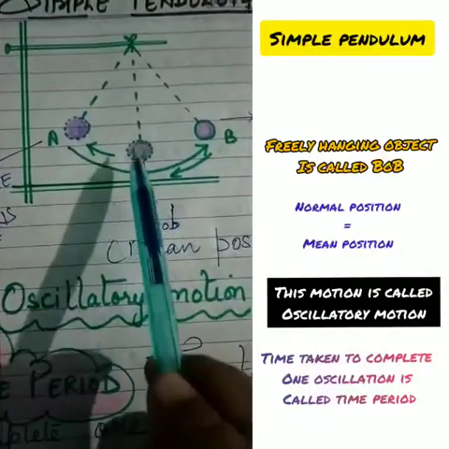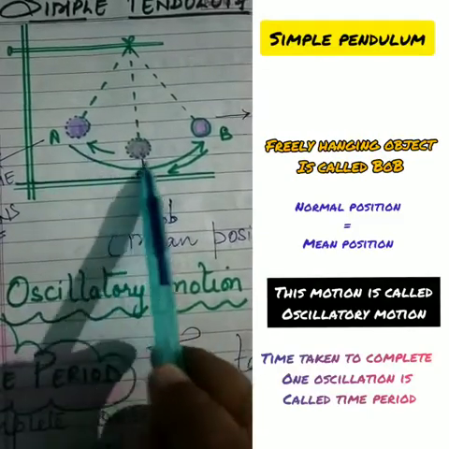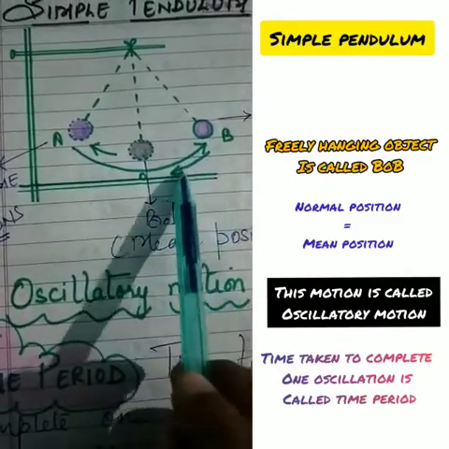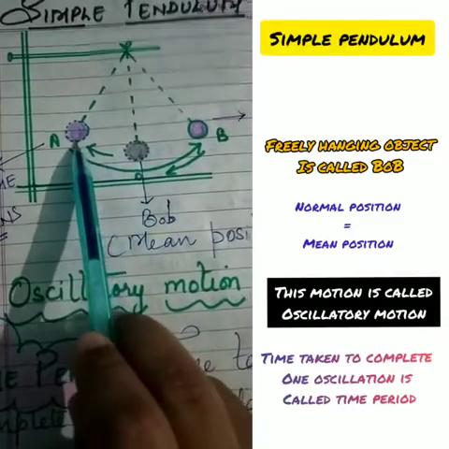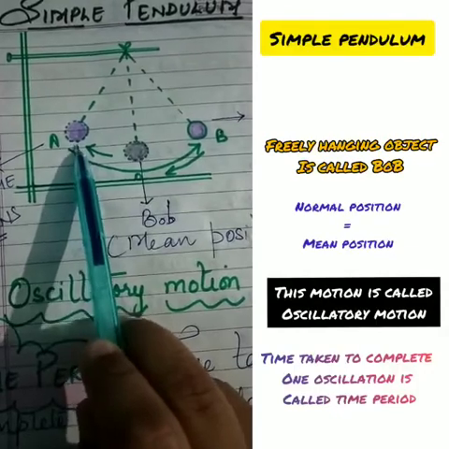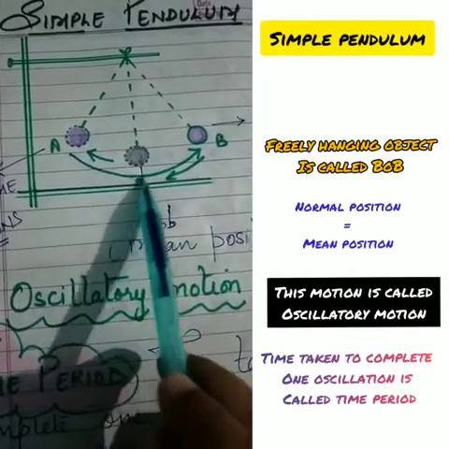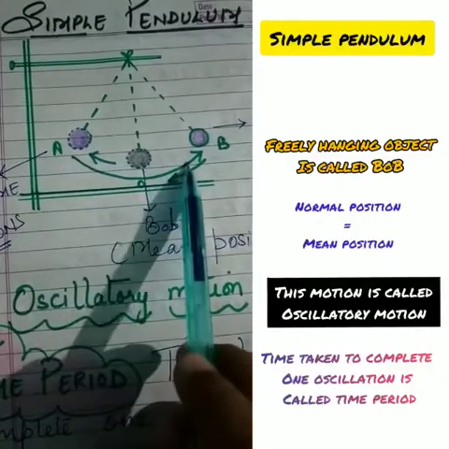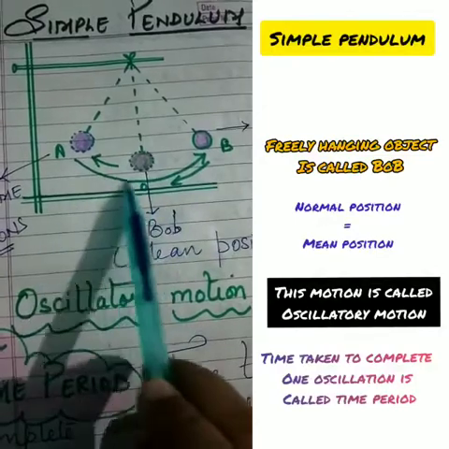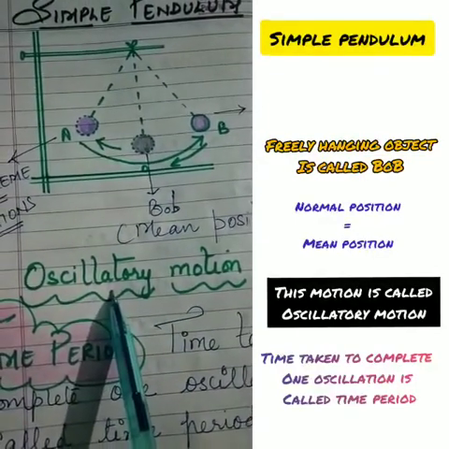Now, when it's pulled from O to A and it's left, it reaches B, then it again moves towards A. This motion from A to B and then from B to O is called one oscillation of the simple pendulum. This kind of motion is called oscillatory motion.